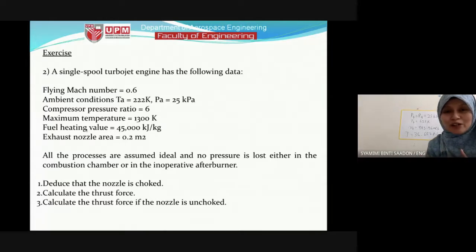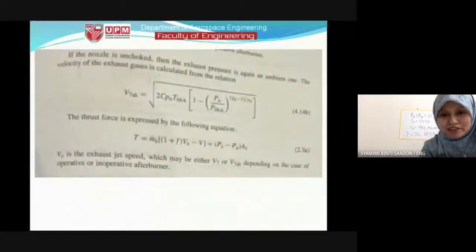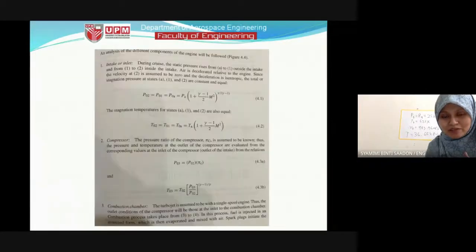I want to try to relate all these thermodynamic equations of the cycles. It is actually not a new formula for you. It actually comes from what you learned in aerothermodynamics last year, previous semester.